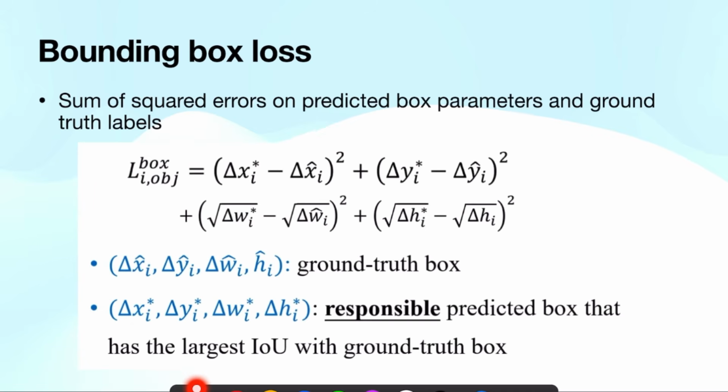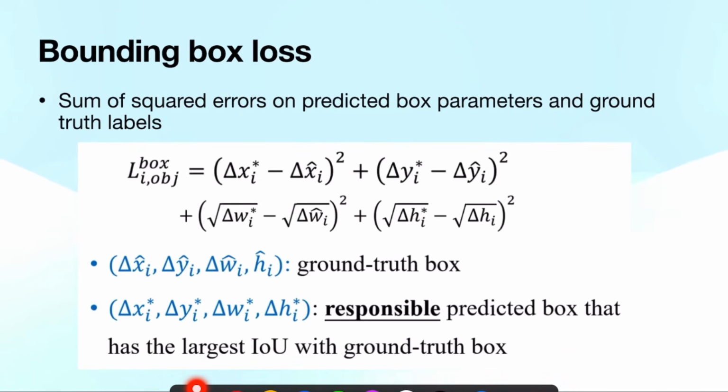Now let's see the box loss in detail. Don't get confused or scared by these terms. This is the ground truth, these are the deltas which we calculated, the targets, and these are the predictions from the model. Both are delta values ranging from 0 to 1. What we are doing in the loss is just the squared difference between them: the difference between these two, squared, and the difference between these two, squared.